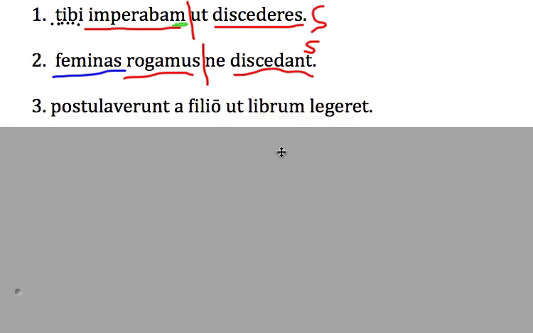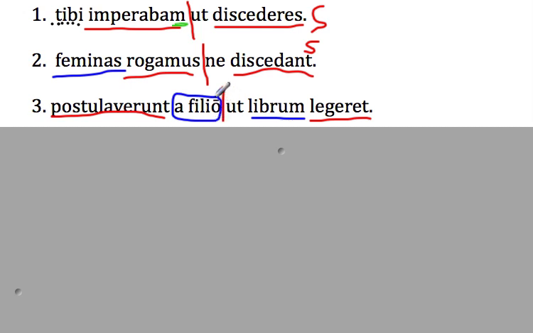Then number 3. And we'll talk in the end about how each of these are just a little bit different in structure. Number 3, once again, it has two main verbs, postulaverunt and legeret. It's therefore going to have two clauses divided at the ut. We've got librum in the accusative over here, and over here we actually have a prepositional phrase.